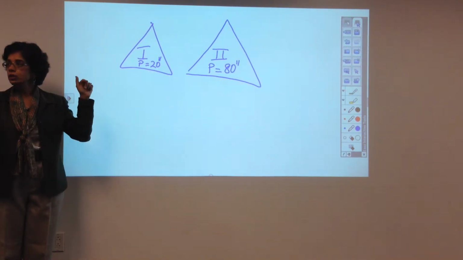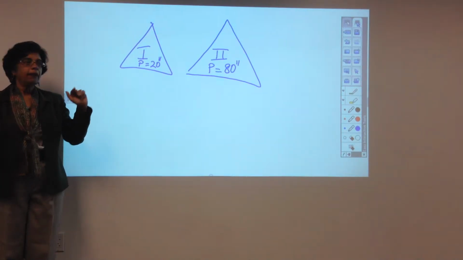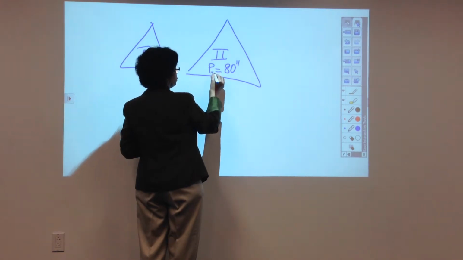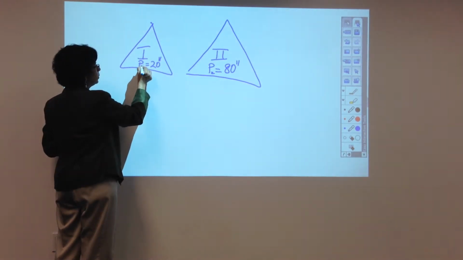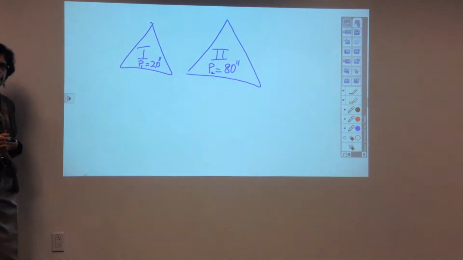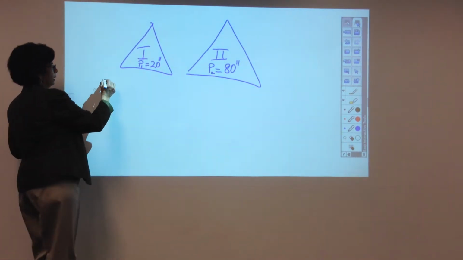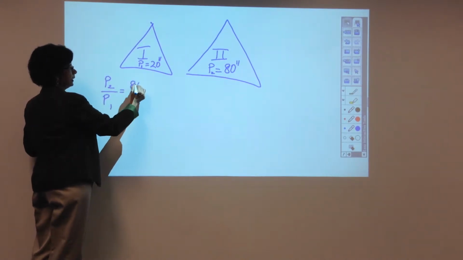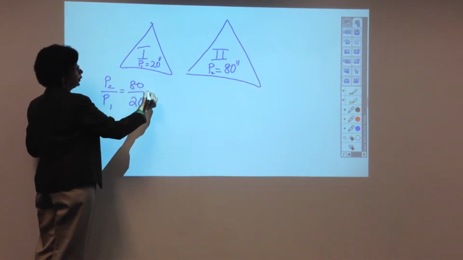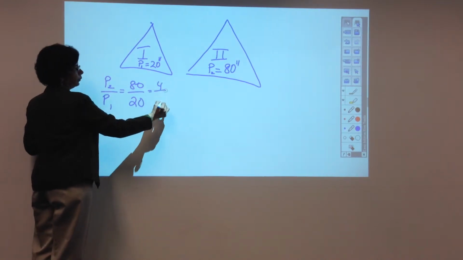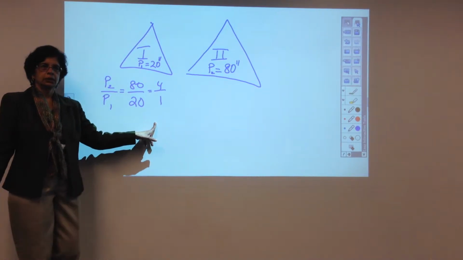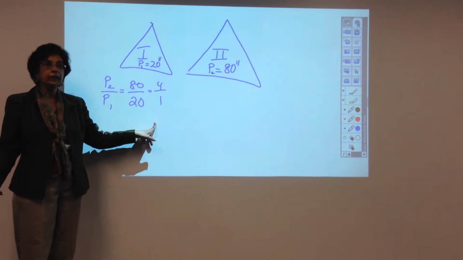If they are similar, then we can call this perimeter 2, perimeter 1. What does this figure also give you? What is this the same as? Starts with an S. Scale factor, right?